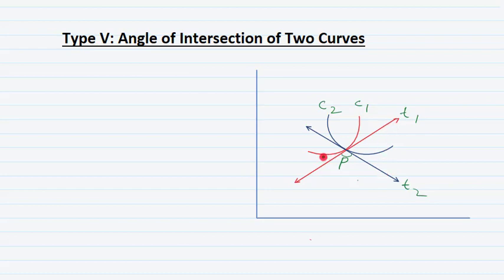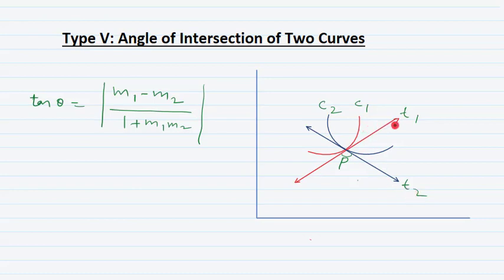So therefore, to find out the angle between T1 and T2, we'll use the same formula as we have used for calculating the angle between two lines in your 11th class, and I recalled you this thing in my first video of this topic. So let me write this formula again. Tan theta is equal to modulus of m1 minus m2 upon 1 plus m1 m2, where m1 is the slope of tangent T1, m2 is the slope of tangent T2.